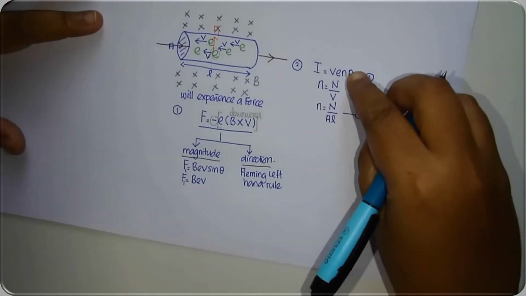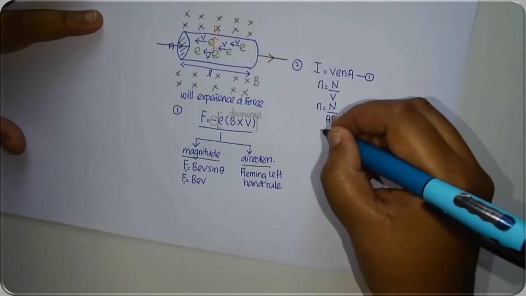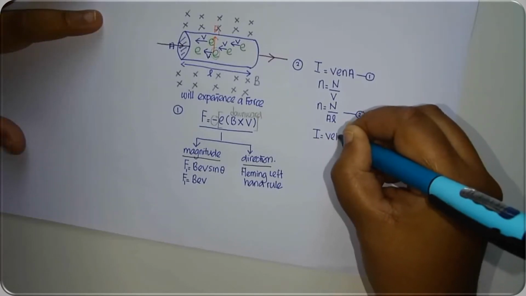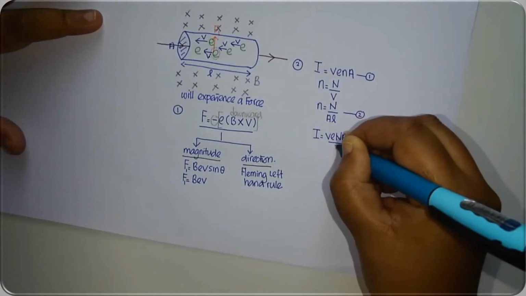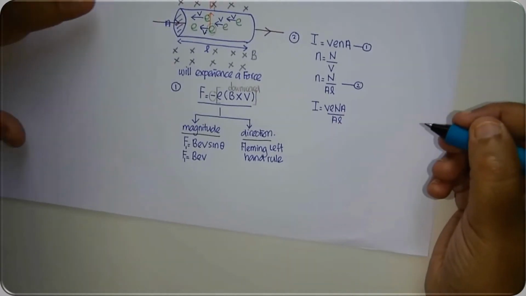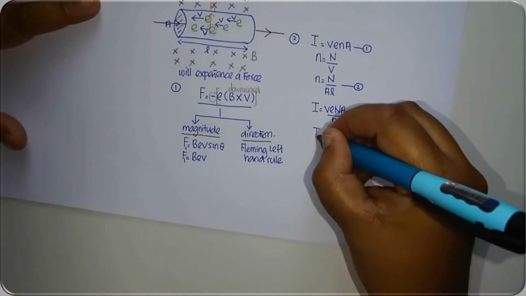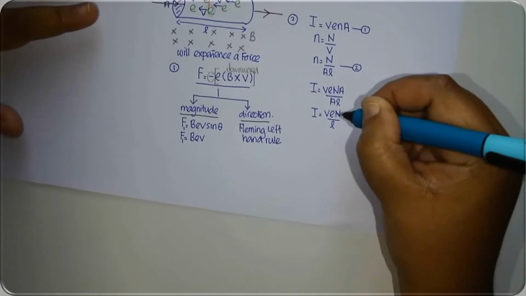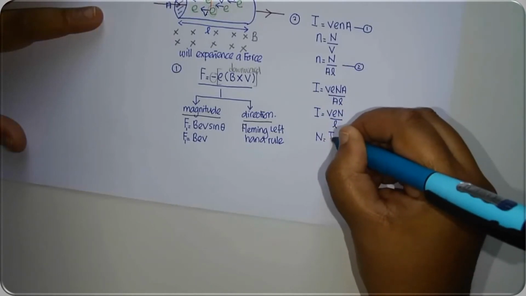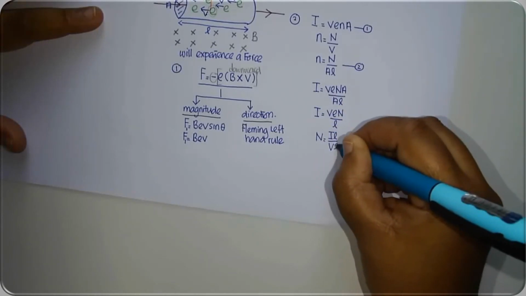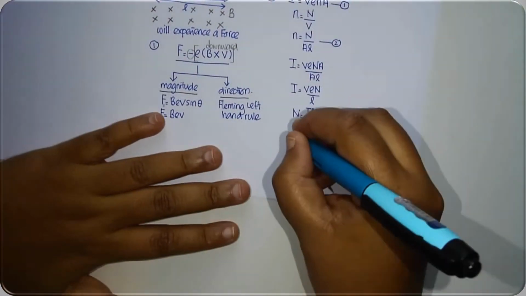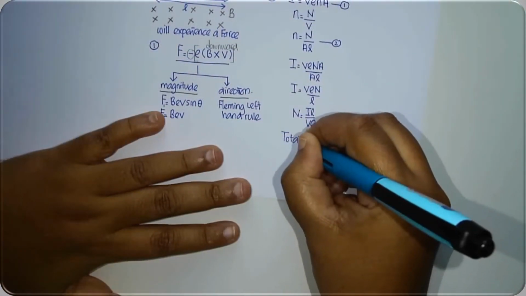When I substitute this inside here, I will get I equals v e N A over A L. And I get I equals v e N over L. And N is I L over v e. Now the next one is to find total magnetic force.